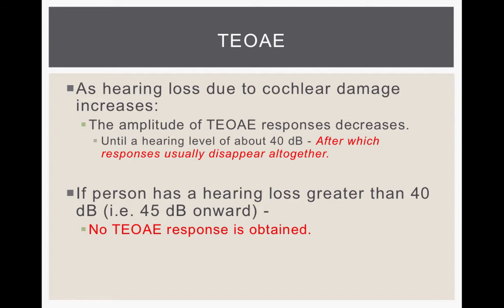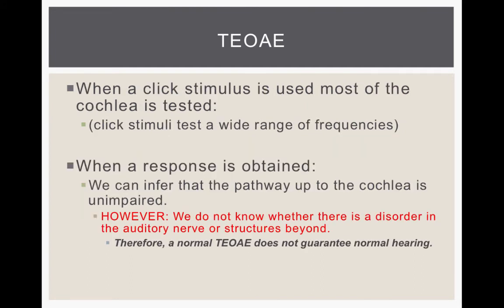With people that have hearing loss greater than 40 dB, for example 45 dB onward, there are no TEOAE responses. So this can infer whether or not the cochlea is healthy.